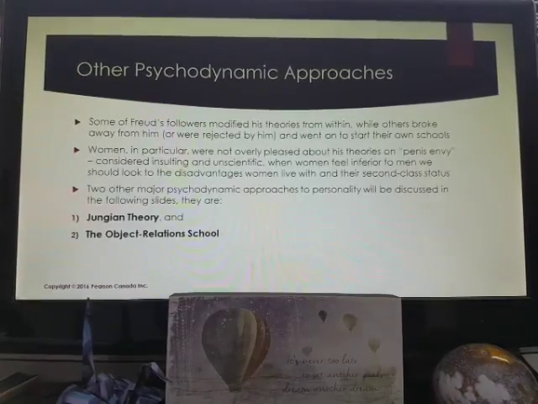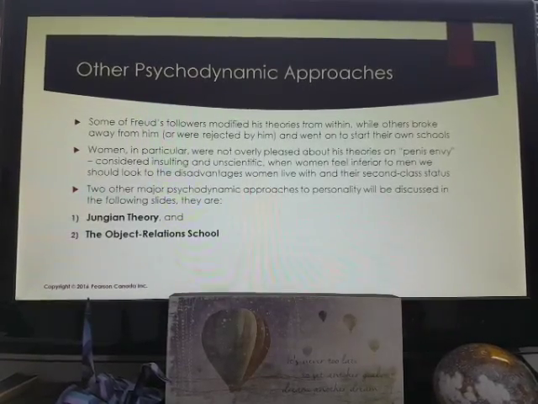Women, of course, in particular, were not overly pleased about his theories on penis envy, that we are all envious because we don't have a penis, and therefore we're not able to develop as fully in terms of the superego and things like that. They considered these results unscientific and insulting.